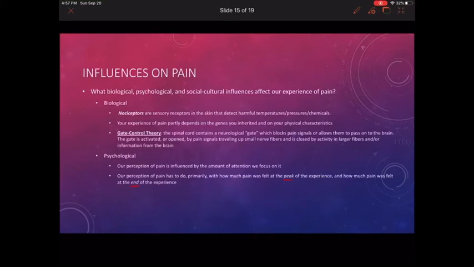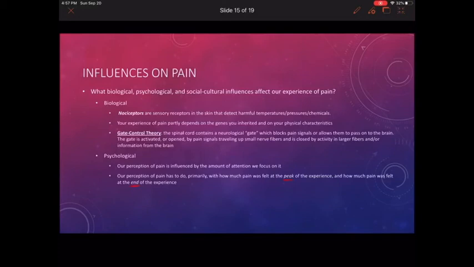So if we do experiments where we administer some kind of shock or something like that to a person at the start of the experiment versus at the end of the experiment, they tend to remember it being more painful if it happened at the end of the experiment, even if the shock was the exact same intensity for both people.